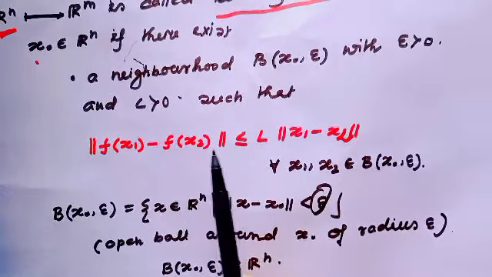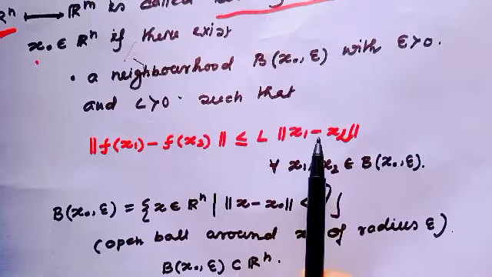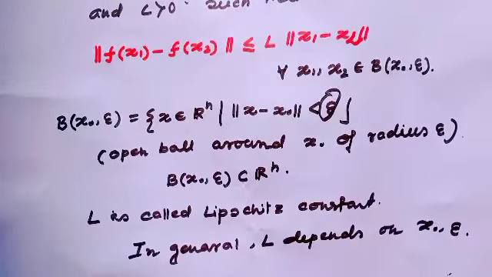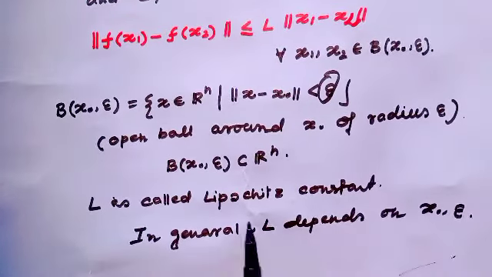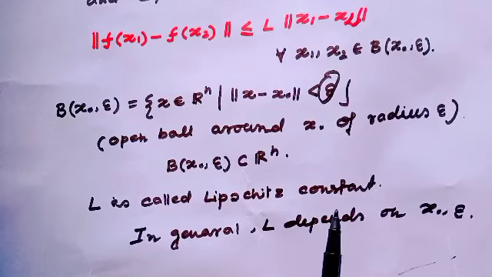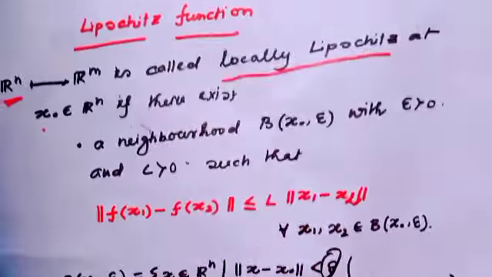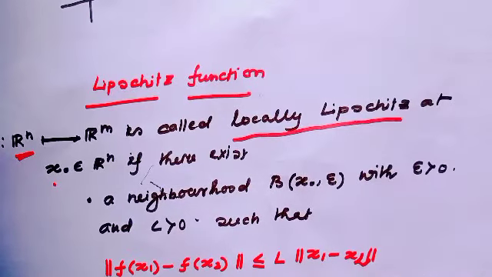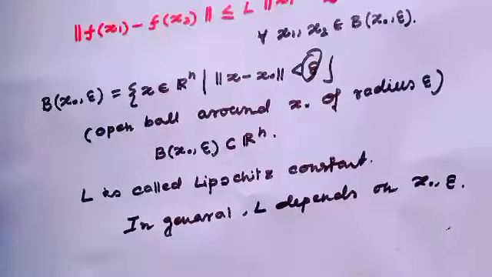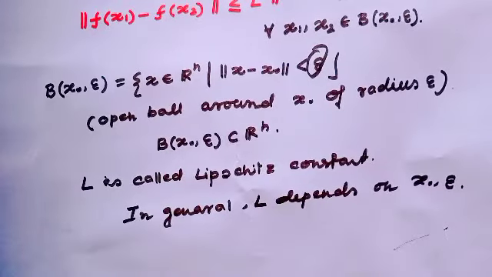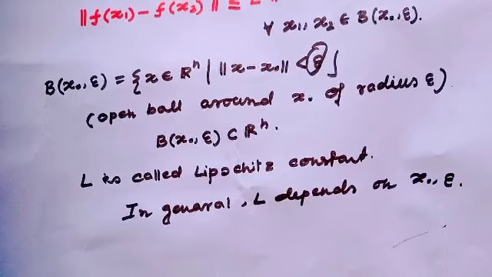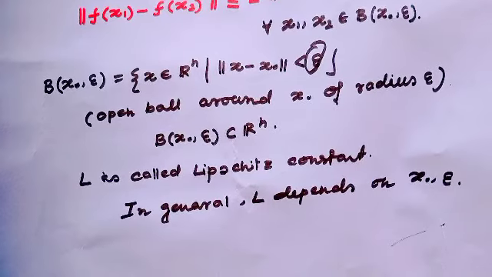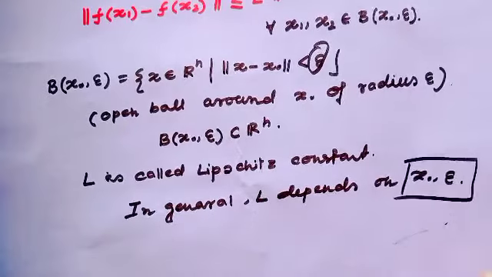And if this inequality is satisfied for multivariable calculus, then L is called the Lipschitz constant and the function is called a locally Lipschitz continuous function. In general, L may be different. Actually, L depends on the point x naught and epsilon.